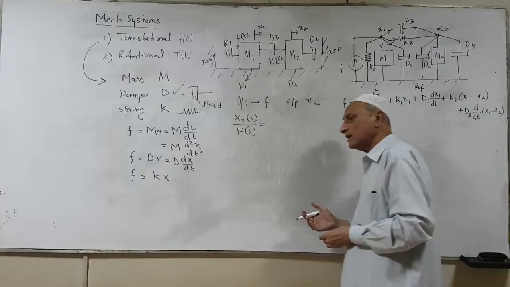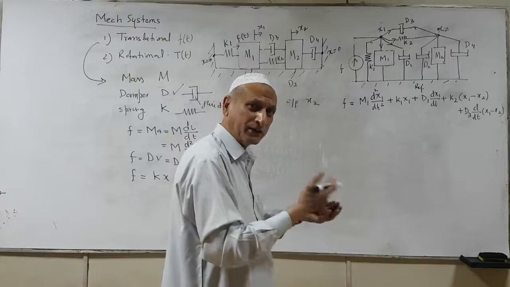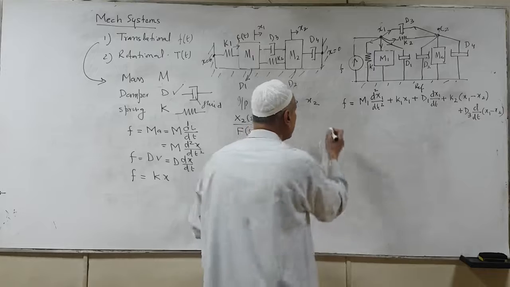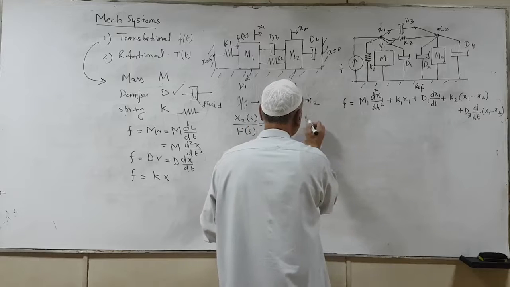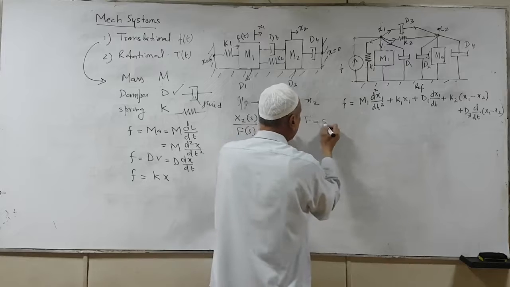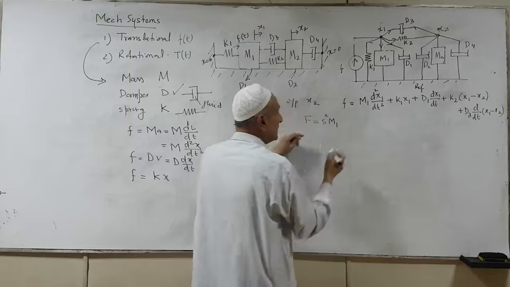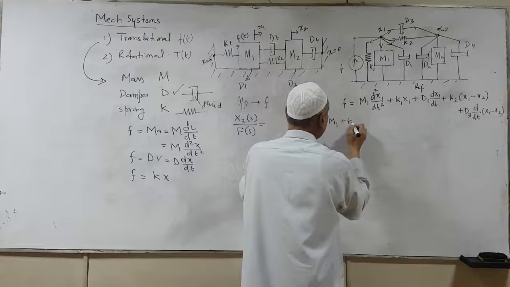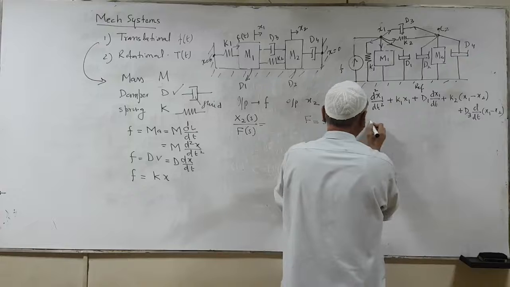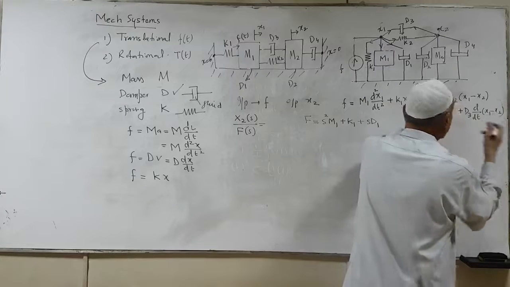But before simplifying, if you want to take the Laplace transform, do it; otherwise simplify this one and then take the Laplace transform. That's your own sweet will. But anyhow, if you take the Laplace transform, that will be capital F, then we have s² m1, then we have plus k1, then we have plus s d1. Let's collect all the displacement.